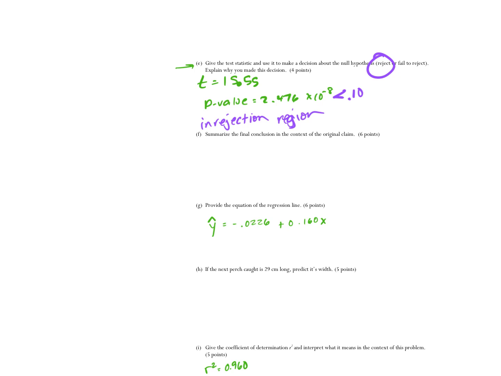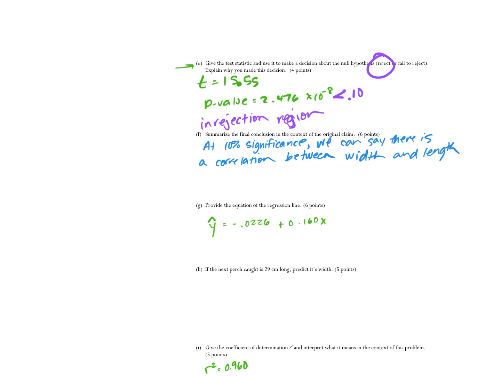And if I reject, we're going to say at 10% significance, we can say there is a correlation between width and length of perch. Again, making sure we're not just making the conclusion, but doing so in context.